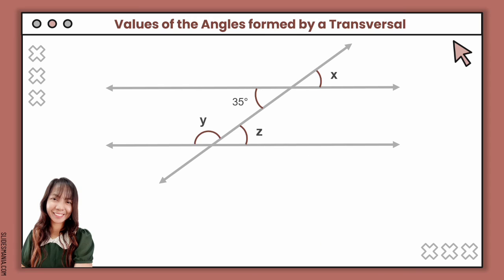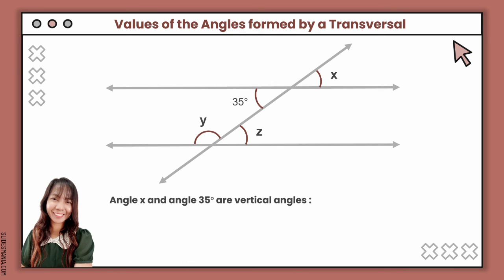Okay, next. Values of the angles formed by a transversal. So same thing. We have to find the value of X, Y, and angle Z given only one measure of the angle, 35 degrees. So look for the relationship of the angles so that you can easily get the value of the problems.